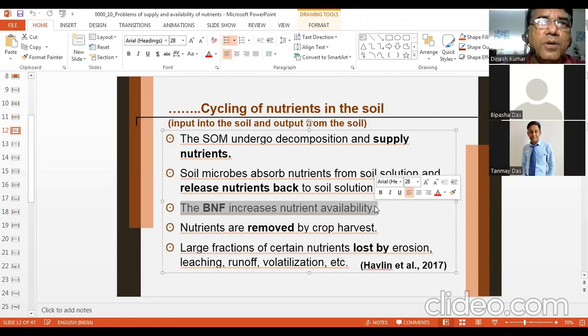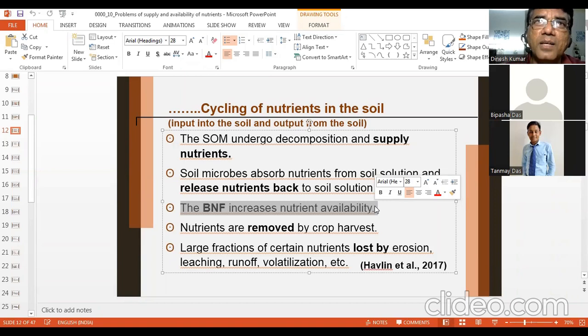For example, Azospirillum brasiliensis is also good for mobilization of phosphorus in soil. It has been proved that this bacteria also mobilizes and makes phosphorus available in the soil, and it also acts as a growth promoter of the crops.